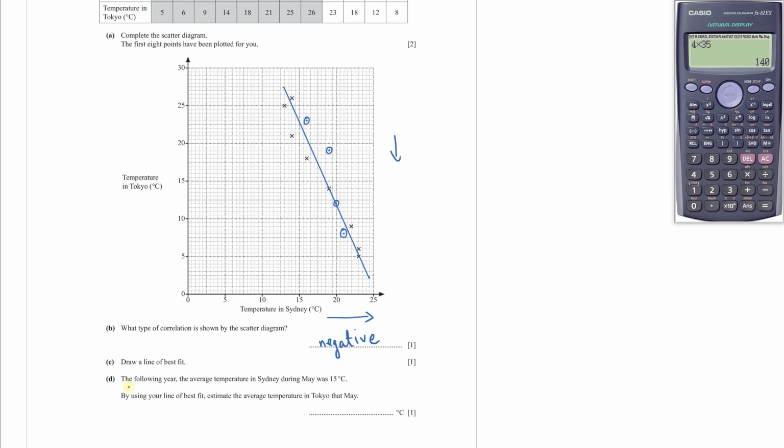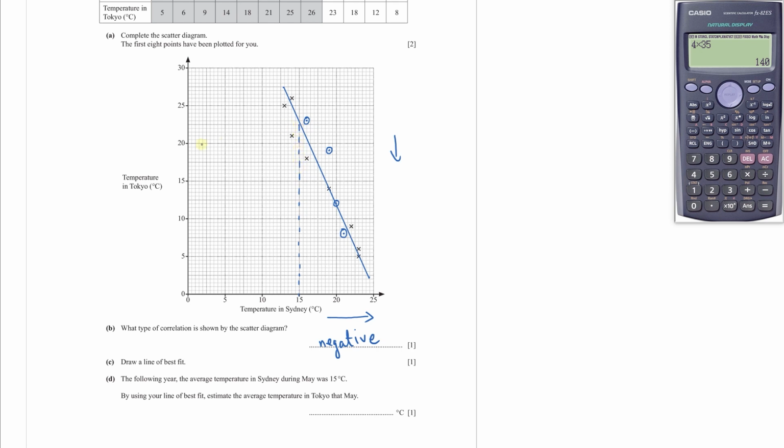The next part is the following year, the average temperature in Sydney during May was 15 degrees Celsius. By using your line of best fit, estimate the average temperature in Tokyo that May. So in Sydney, we are given the temperature is 15. So if we go up at X value 15, we will check where it intersects our line of best fit.